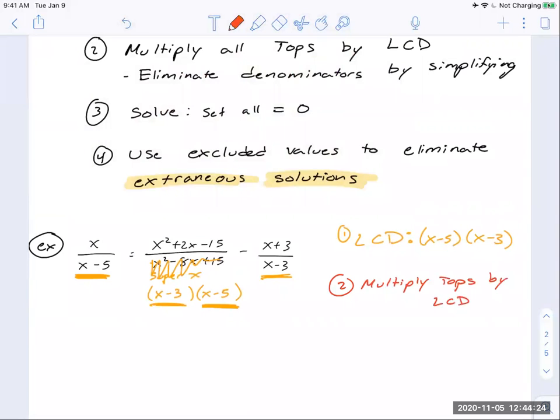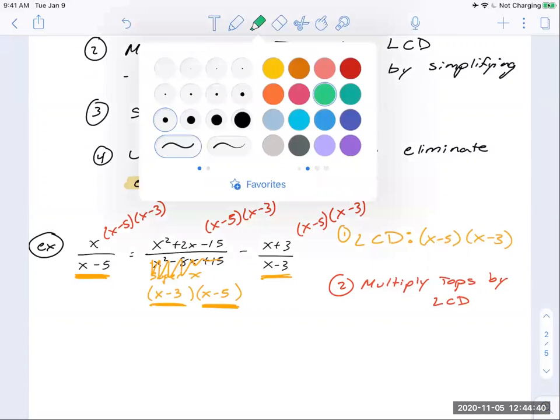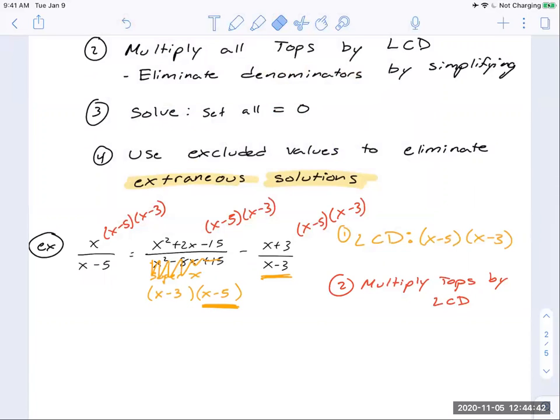I'm gonna put x minus 5, x minus 3, x minus 5, x minus 3, x minus 5, x minus 3. We're going to do this one expression at a time. So there's gonna be 3 parts we're gonna do right now.